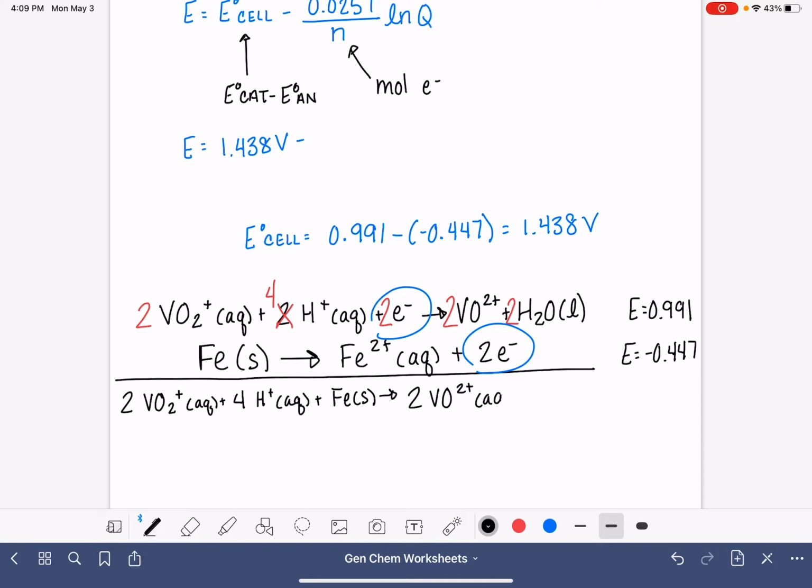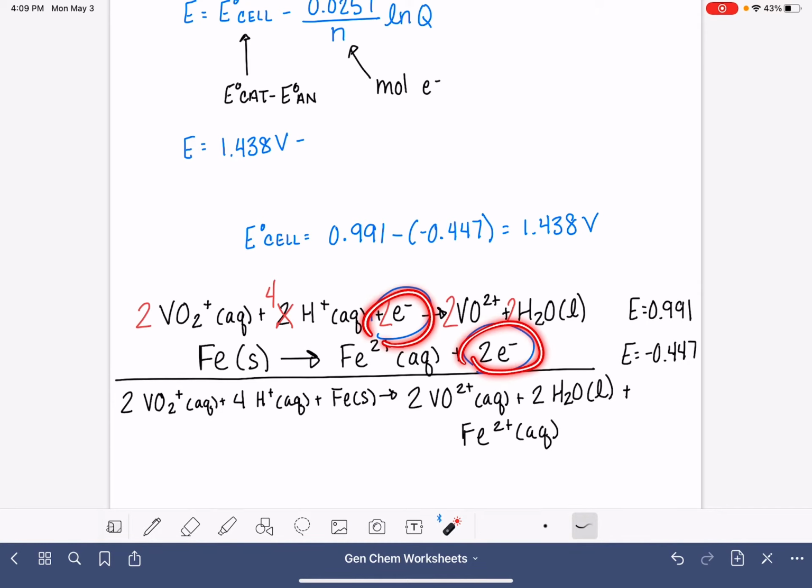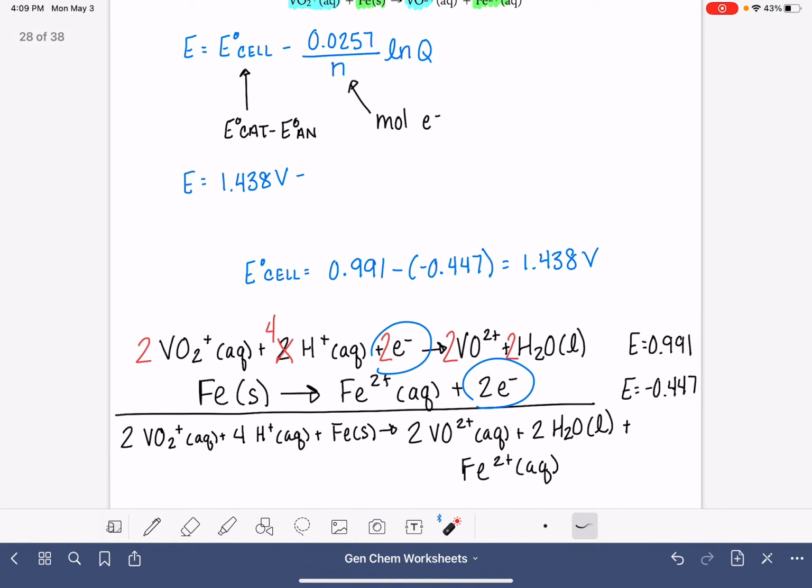I left that state off, but that is aqueous, plus 2H2O, liquid, plus Fe2 plus, aqueous. The number of moles of electrons that we're going to put into the Nernst equation is 2.